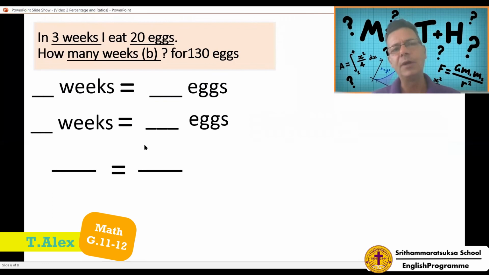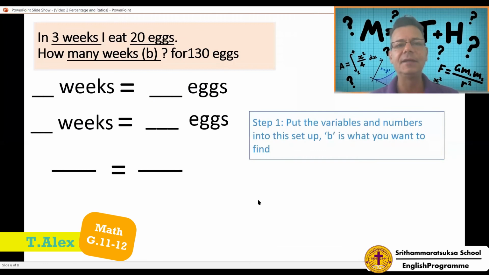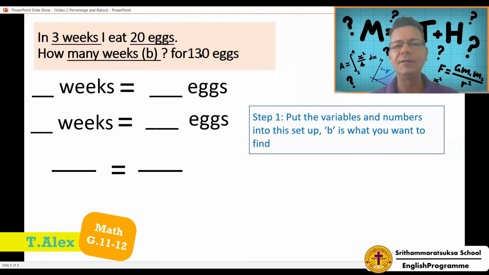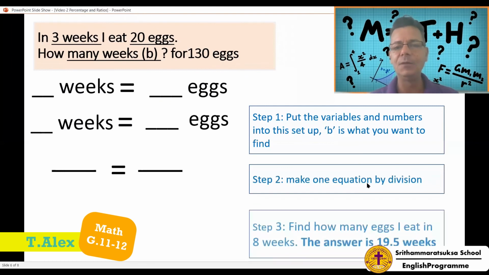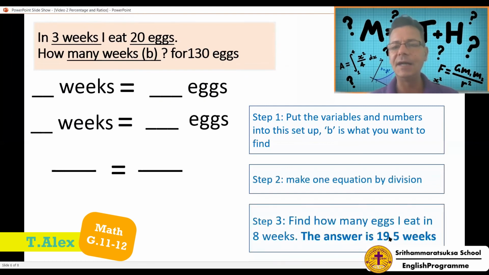Again, same question, but the other way around. 3 weeks, 20 eggs, but now I want you to find how many weeks it will take to eat 130 eggs. Again, I will give you the answer. It is 19.5 weeks.